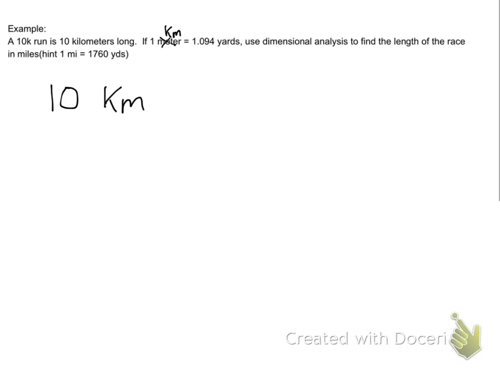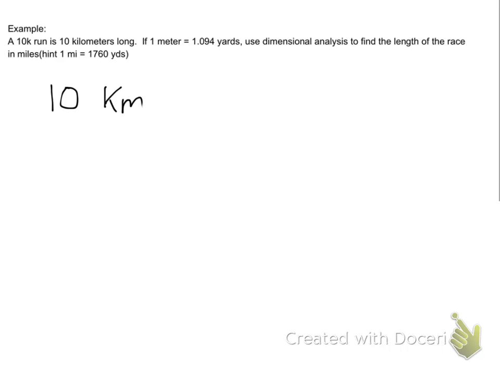Okay, guys. No, sorry. That's not 1,000. That is 1.094. Sorry. That's 1 meter. I read it wrong myself. Is 1.094 here. Okay. So we're going to start off with 10 kilometers. We don't want kilometers. We want miles.